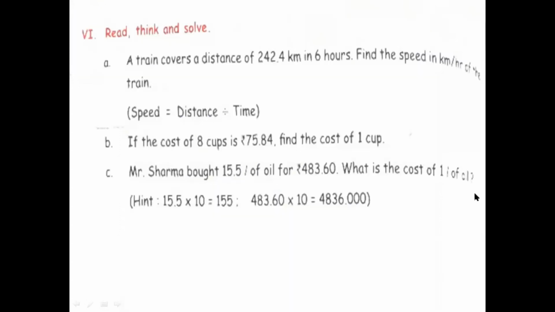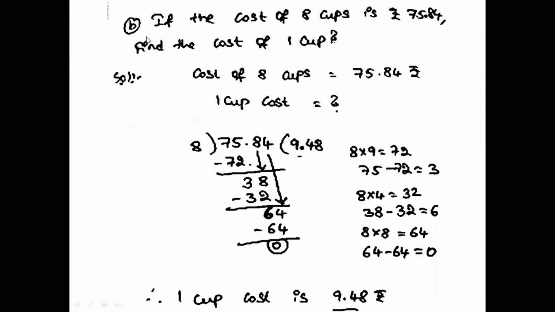Read, think and solve. B1. For example, if the cost of 8 cups is rupees 75.84, find the cost of 1 cup. Solution: the cost of 8 cups is equal to 75.84 rupees. How much does 1 cup cost?